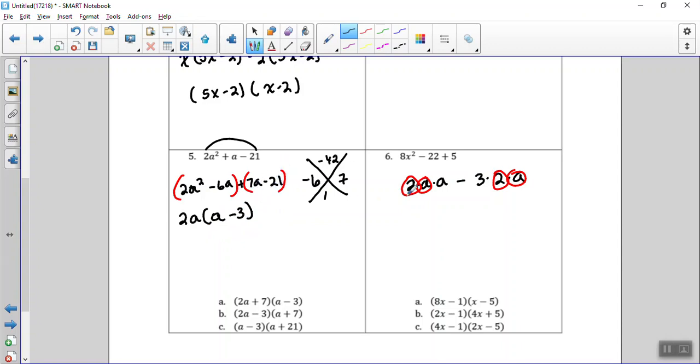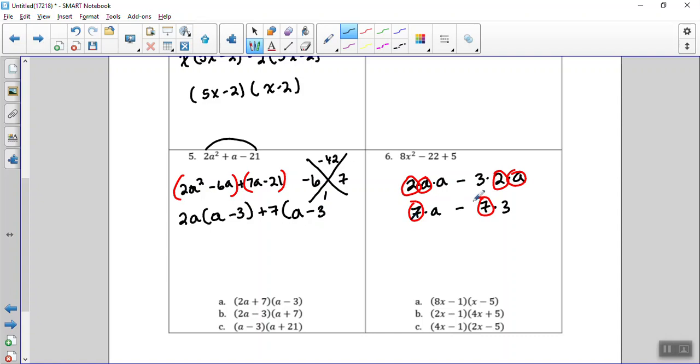Same thing here. 7a, I can write that as 7 times a, minus 21 is 7 times 3. So my common factor here is 7 and 7. I'm going to factor that out. So that is plus 7. And then what do I have left here? I have a minus, and then I have 3.